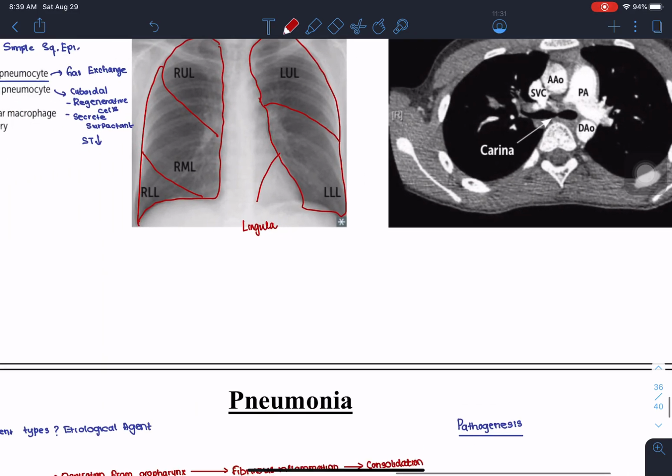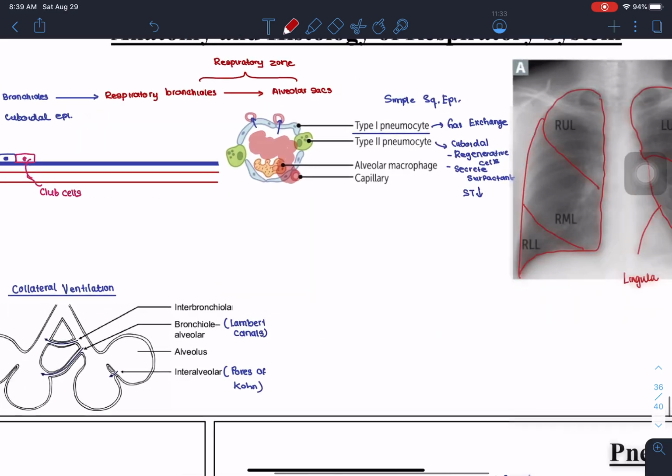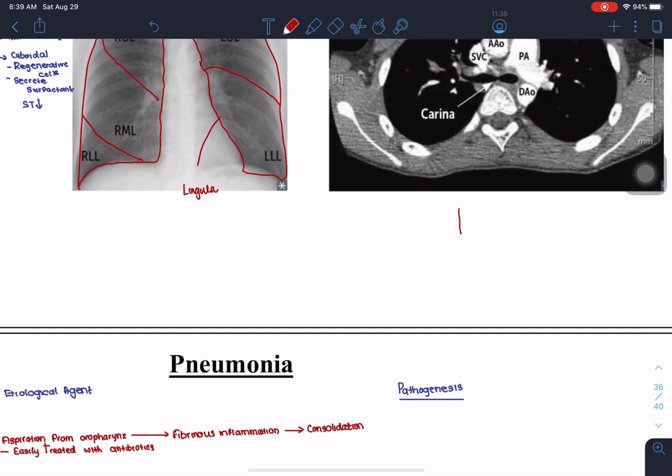And I need you to know the trachea. So we have the trachea, and we have the bronchus.